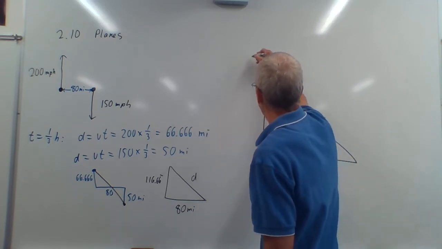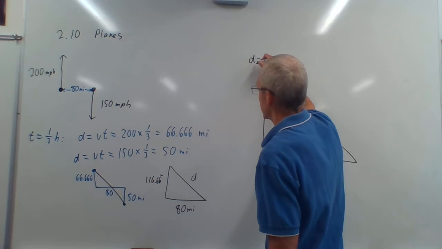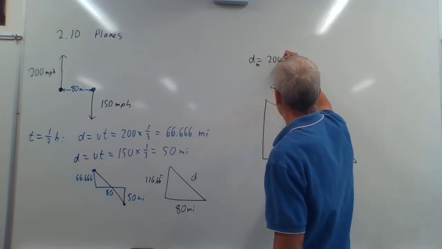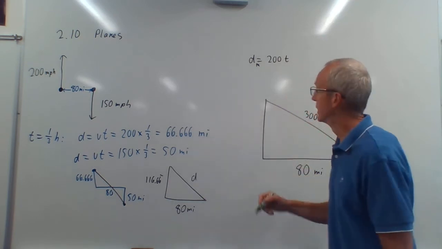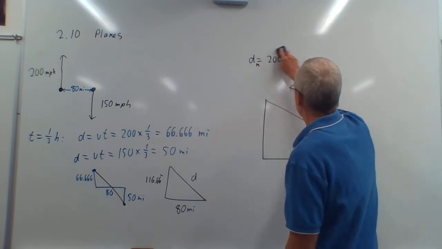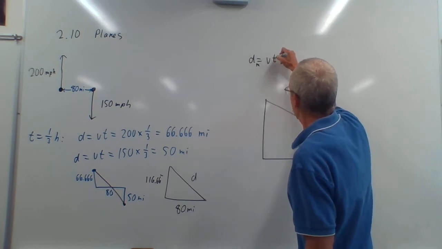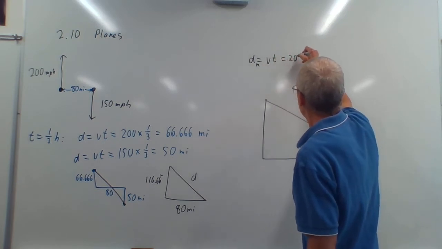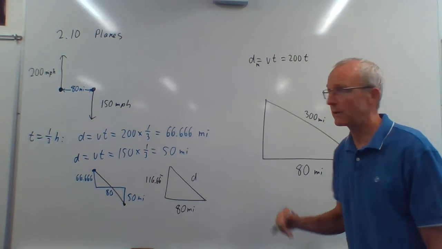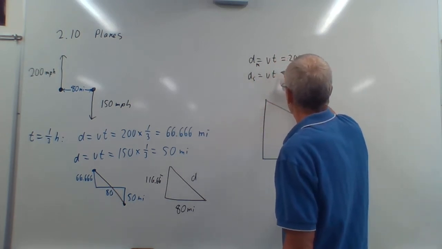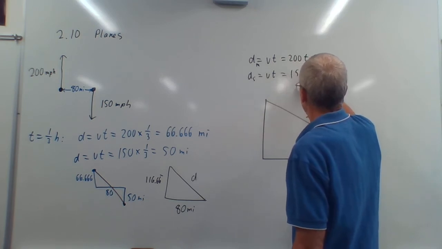The distance of the first plane, the northbound plane, is velocity times time, which is 200 times time, where time is in hours. It's always good to write formulas first. The distance of the southbound plane is its velocity times time, which is 150t.